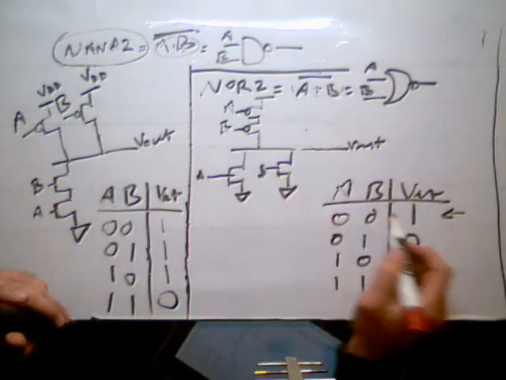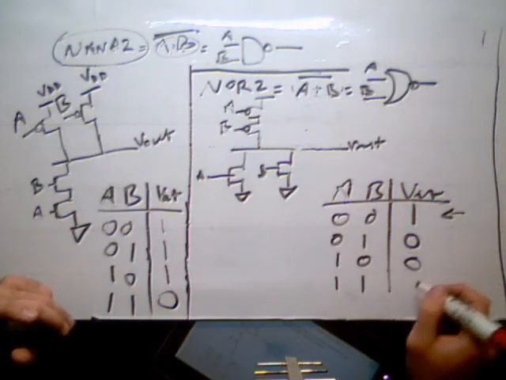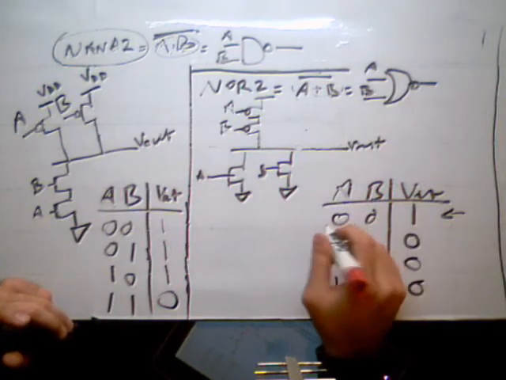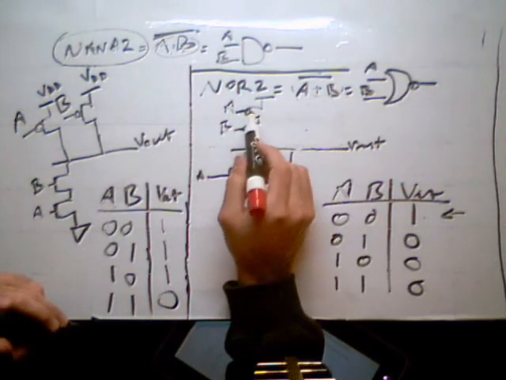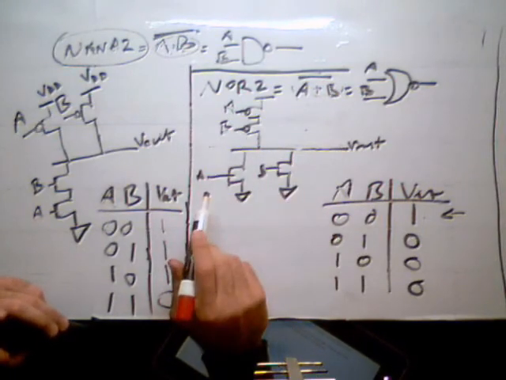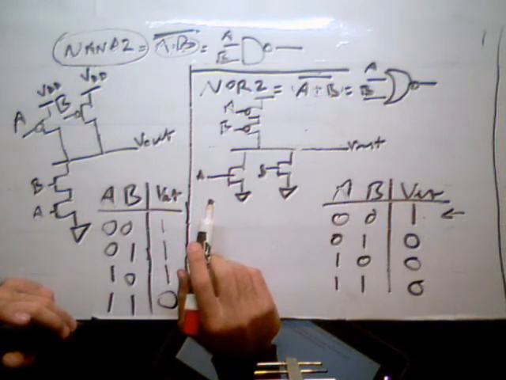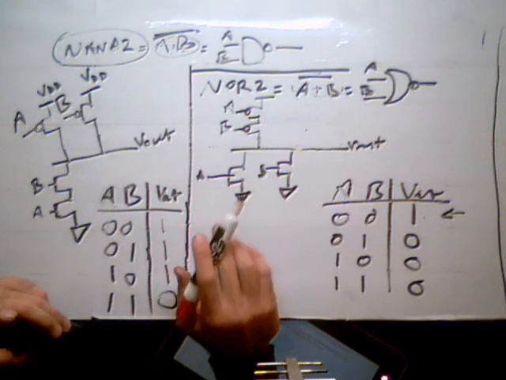Therefore this one is also 0, this one is also 0. But as soon as you see this 0, 0 being 1, you need to be able to realize that if either one of these is off, I want to have 0 output.